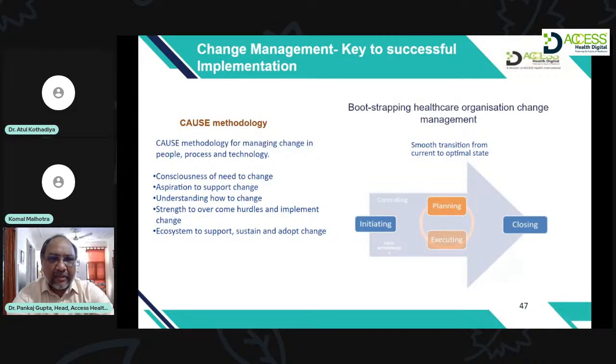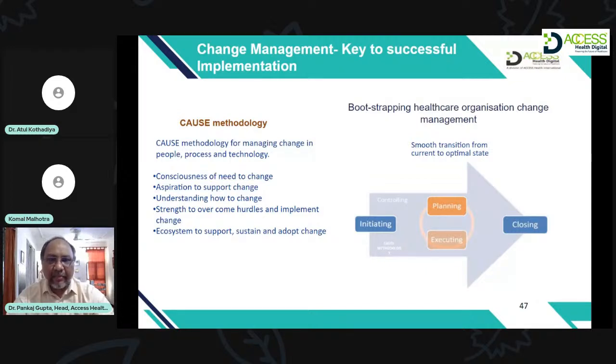Second one is aspiration to support the change. Now, they may understand that the change is required, but they may not have the aspiration. Aspiration always has to come from inside. Aspiration cannot be outside. It's always inside. So people have to aspire that I will support the change.